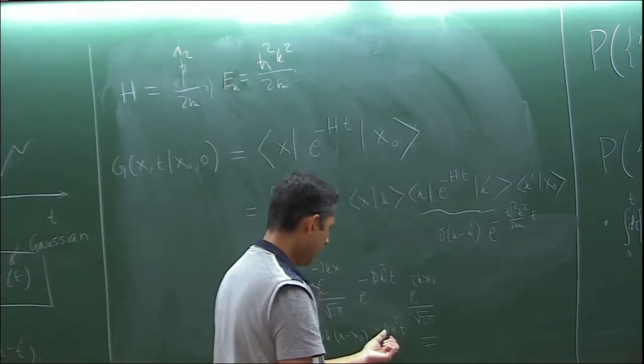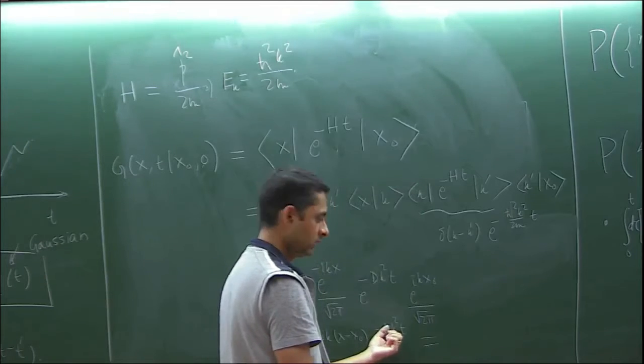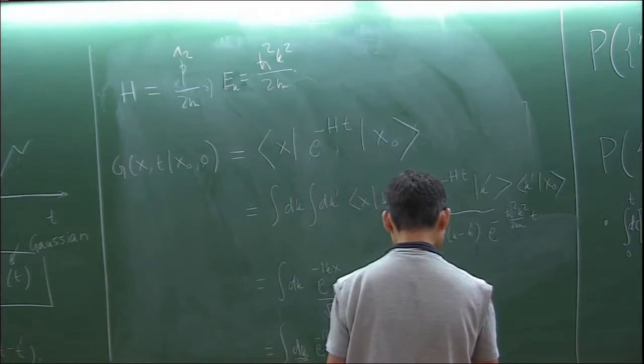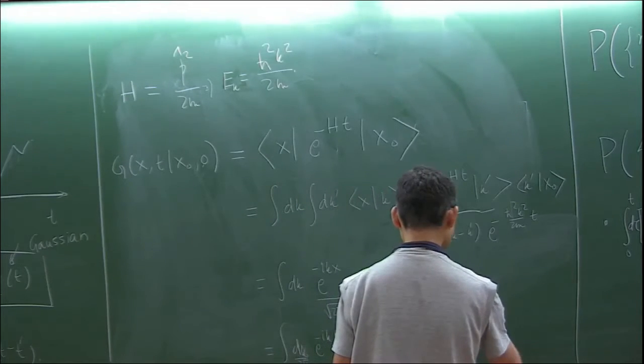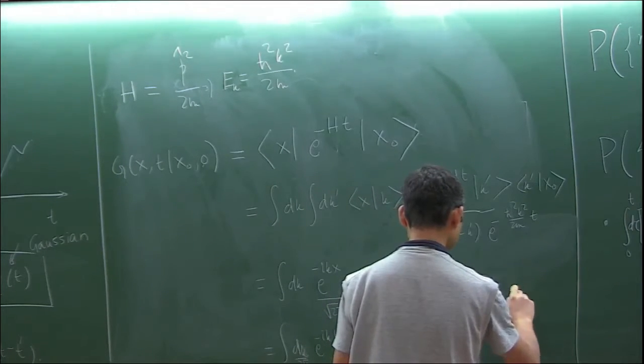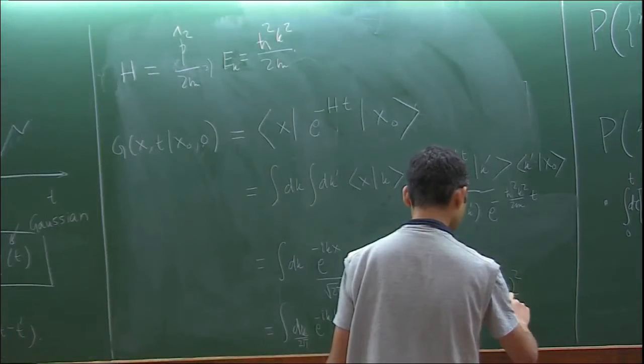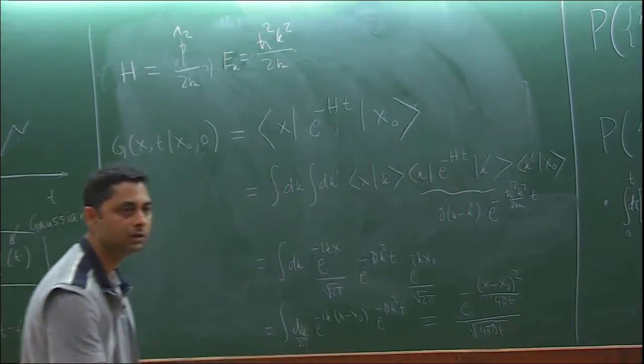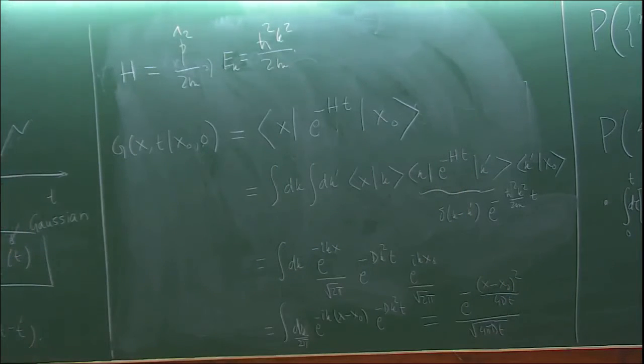So this will be half, which multiplies with 2. What is the variance? The variance is 2D. So this gives you e to the power minus (x minus x0) whole square by 4Dt, divided by square root of 4 pi Dt. Okay, so this is the answer we have obtained before.